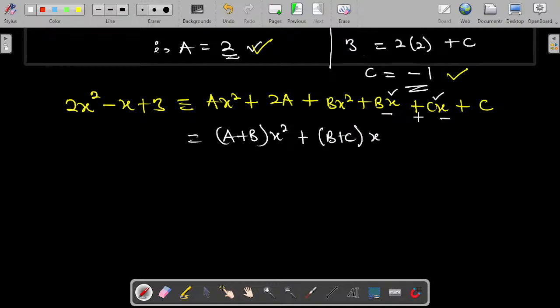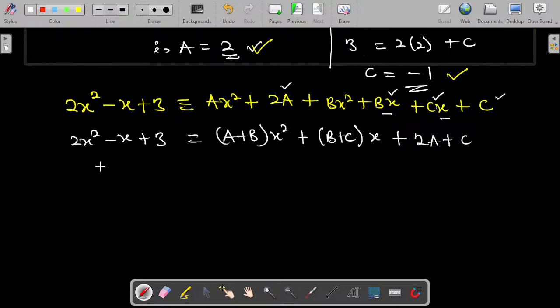Remember that if you open this bracket, you still get back this. Then we gather the constants, the ones that do not have x. So here we'll have 2a plus c, only 2a and c do not have the variable. We can bring down this one, 2x squared minus x plus 3.